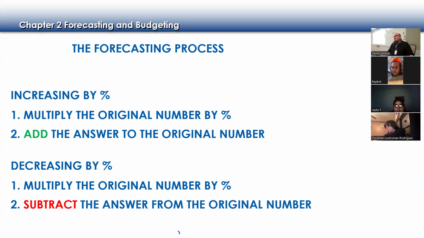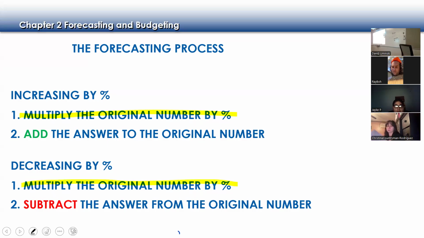When we forecast, we either go up or we go down. We increase or we decrease. And typically it's just by percentage, okay? That's the easiest way, just to go up by a percentage. So if we want to increase by a percentage, you'll notice the first step in both of these is the same.